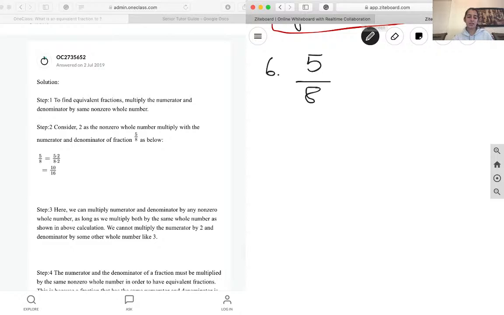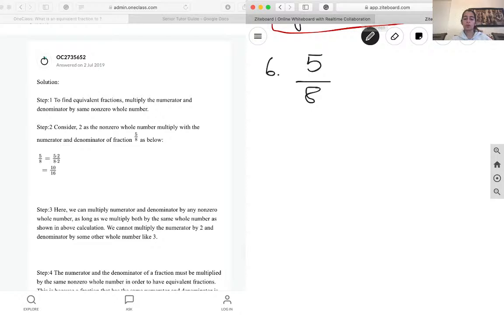Basically what it's asking us to do is come up with a different set of numbers that have the same exact value. A way you can do that is multiply. One rule you have to remember is whatever you do to the numerator, you have to do to the denominator. So if you multiply the numerator by 2, you have to multiply the denominator by 2.